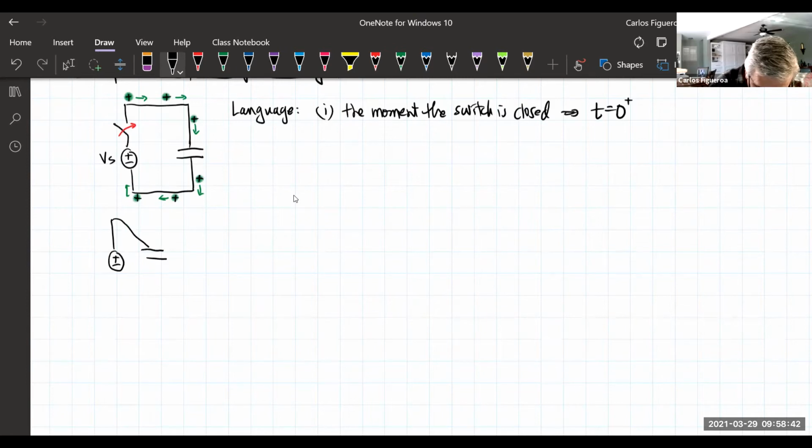I have an incline like this, and this is ground right here. All of these charges are already on the incline. As soon as I close the switch, you imagine that these charges are sliding down the incline. I think that's a pretty good model of what is actually happening here.